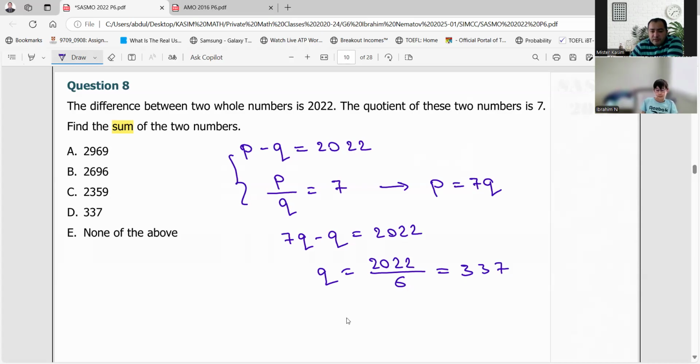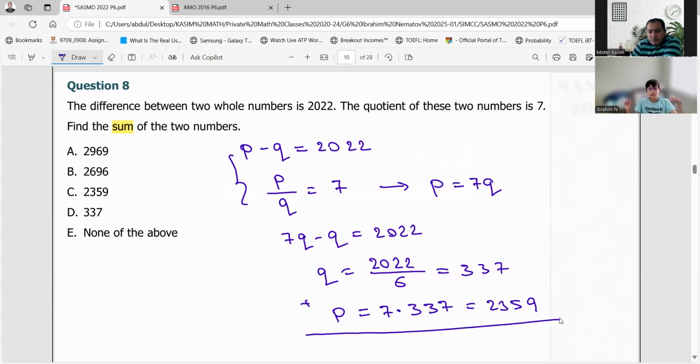If Q is equal to 337, then P should be equal to 7 times 337, which is 2359. So if you just add this, you will get 2,696.